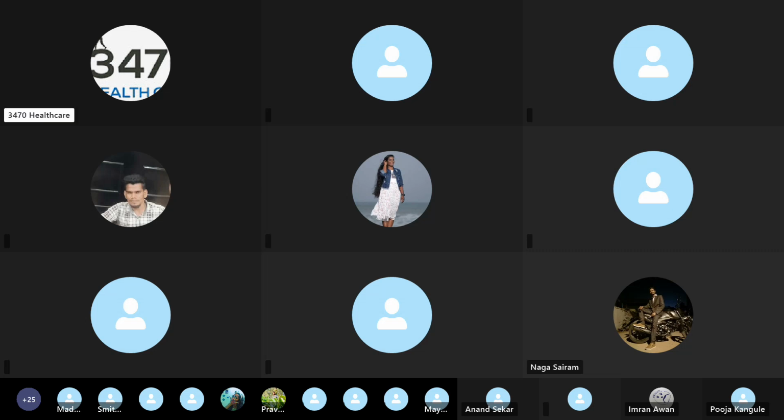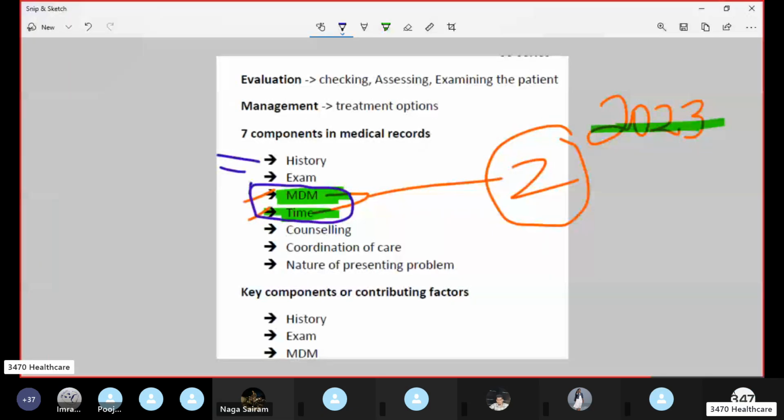So MDM, medical decision making, is now very important as per the 2023 concept. We are going with MDM only.